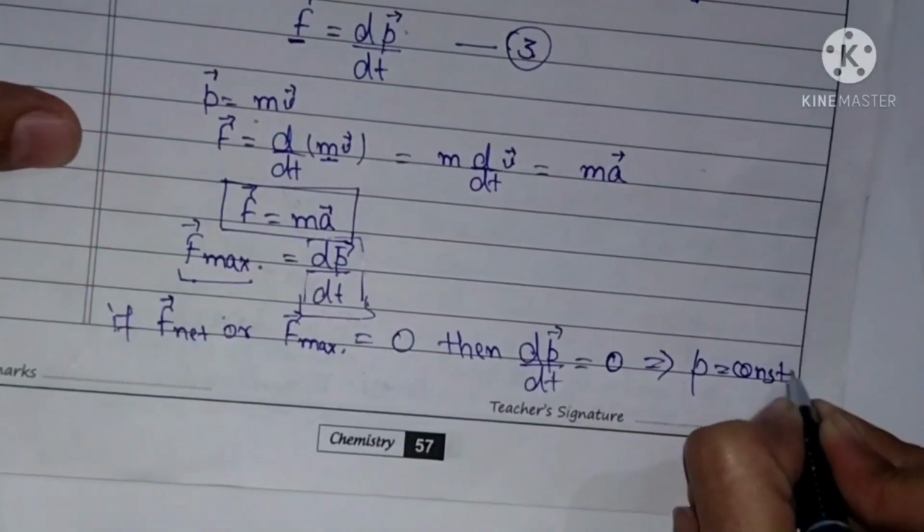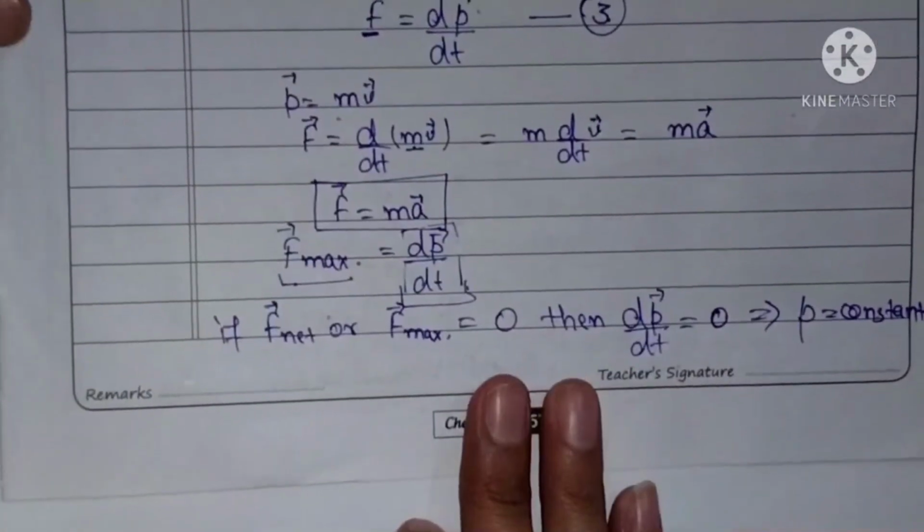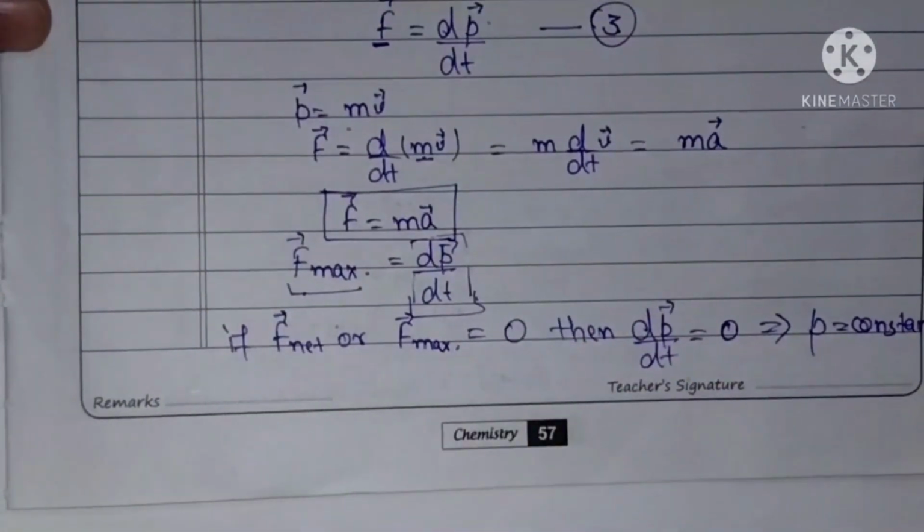So integrating the equation, we get p is equal to constant. That means the linear momentum is constant, meaning conserved.